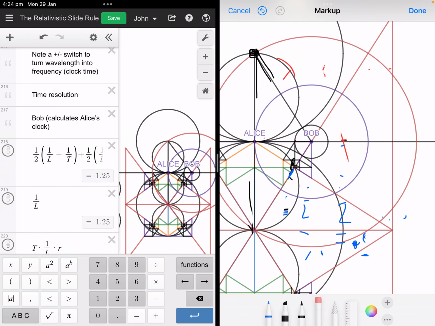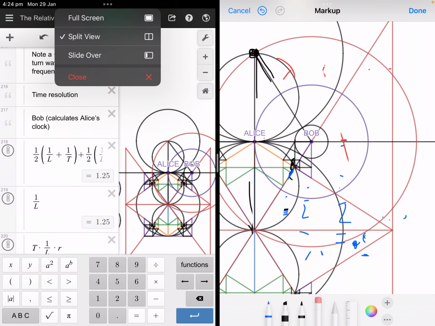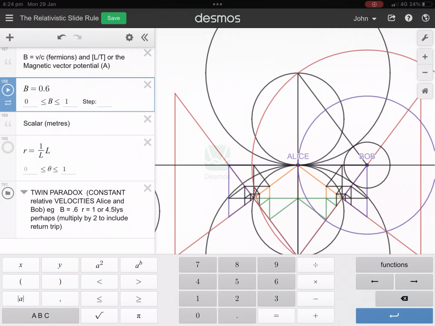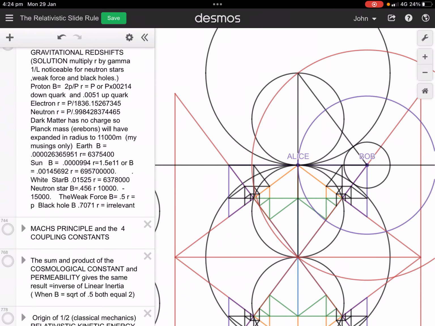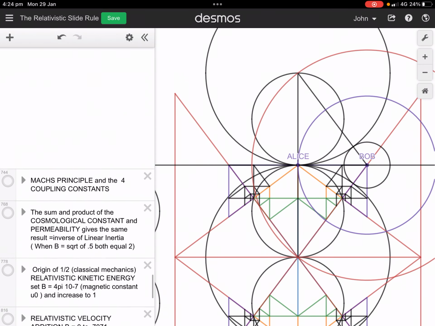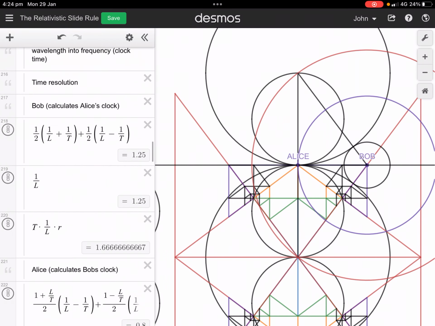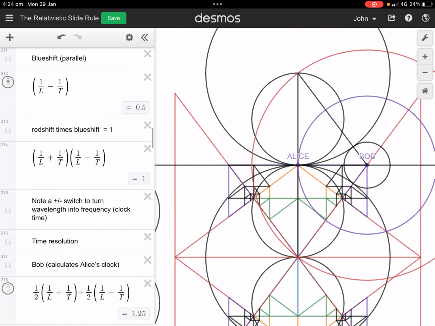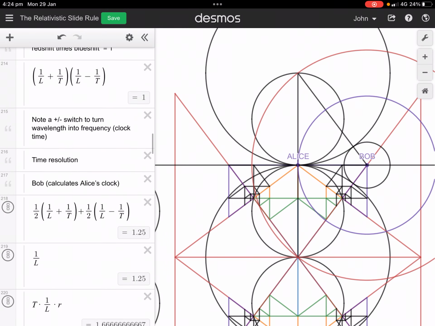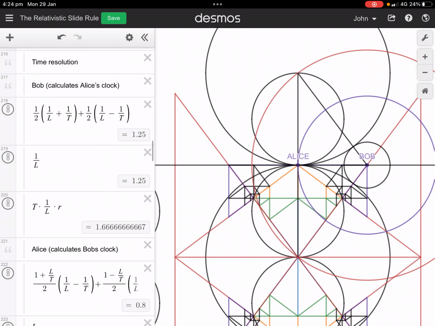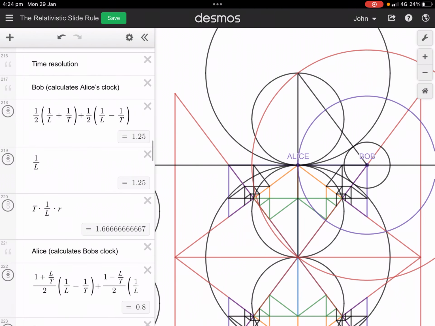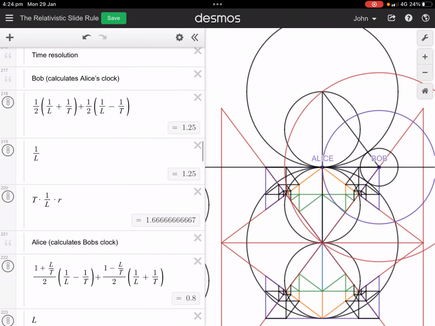So therefore I'm going to have to go back to a full screen. Now the full screen, here we are, looking at redshift, blue shift, and this is the calculation for what Bob determines is Alice's time.